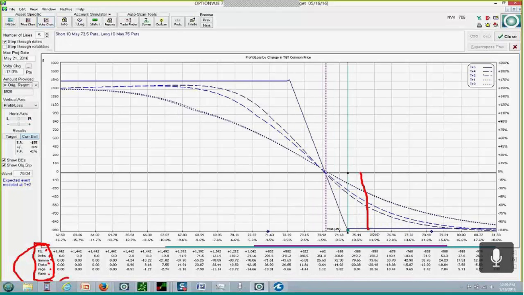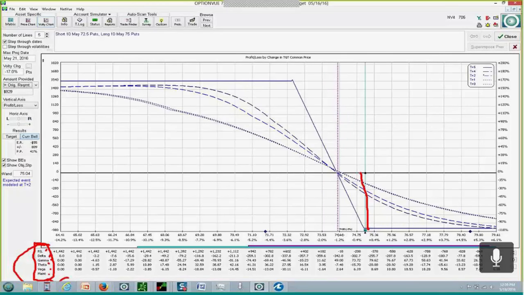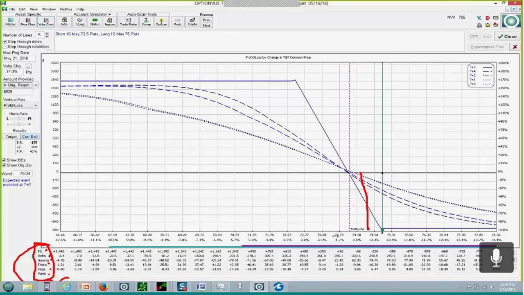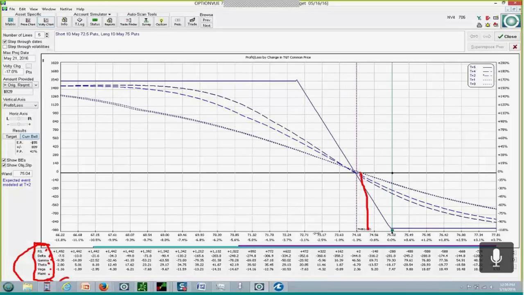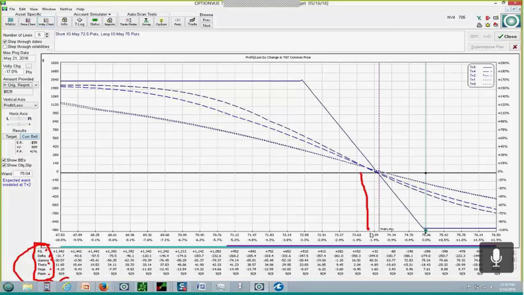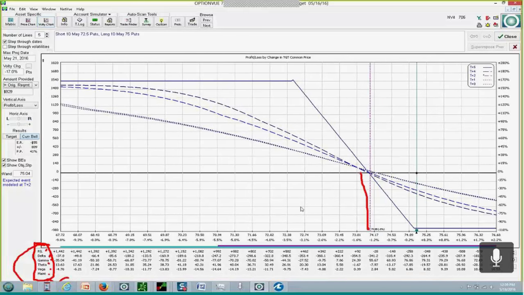Let me go ahead and stretch this out. Here we go. So 72.02. If I put $929 at risk, this is where we are on the risk-reward graph.